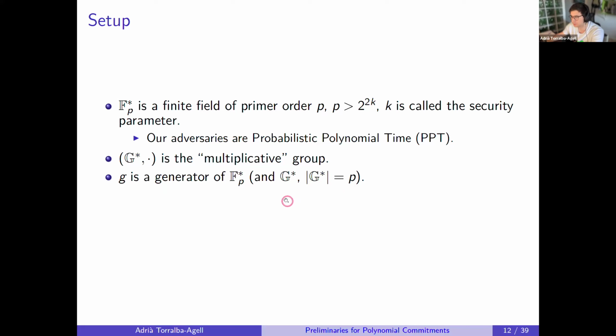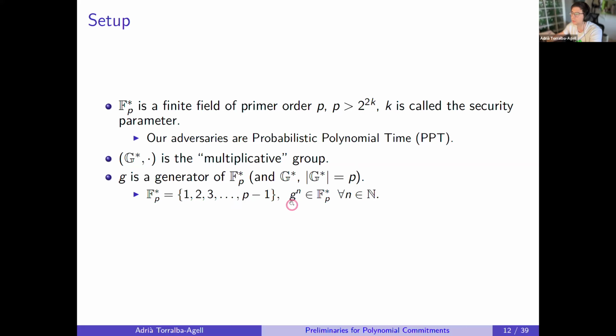What is a generator? Well, a generator is if we have a finite field Fp star that is 1, 2, 3, 4 all the way along until p minus 1, g to the n falls inside this set for every n in the naturals, okay? And moreover, with only g, we can generate every single number here, okay?